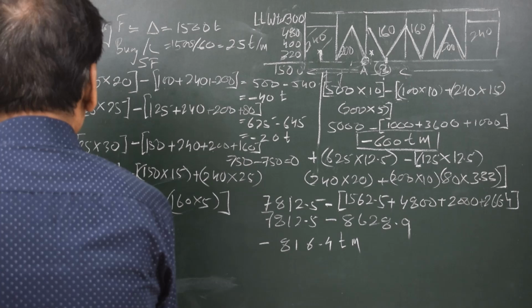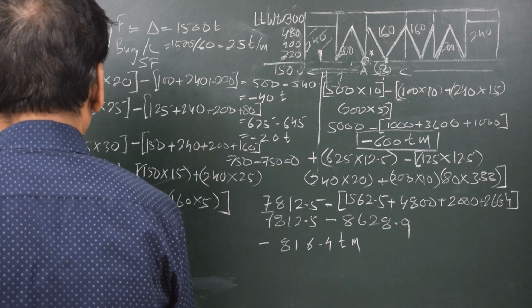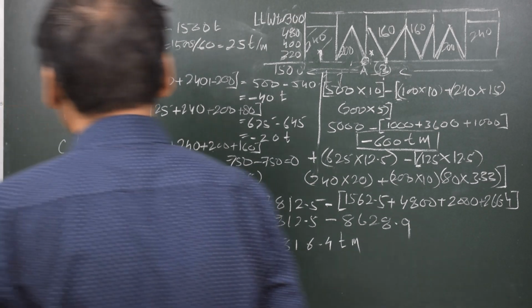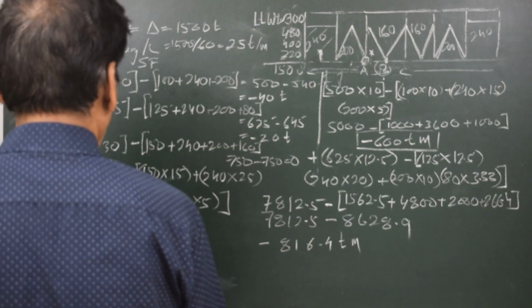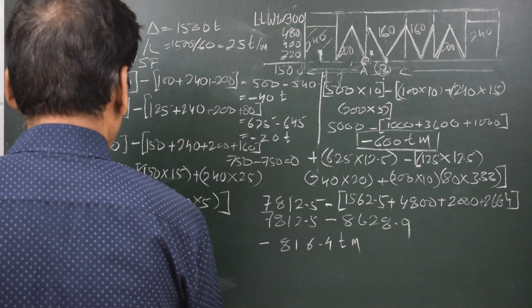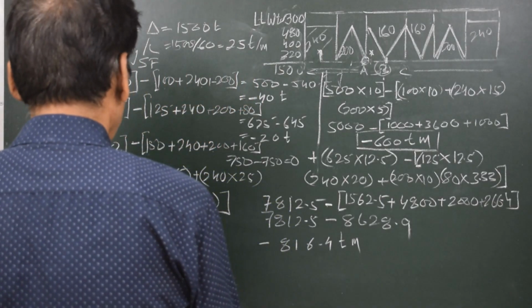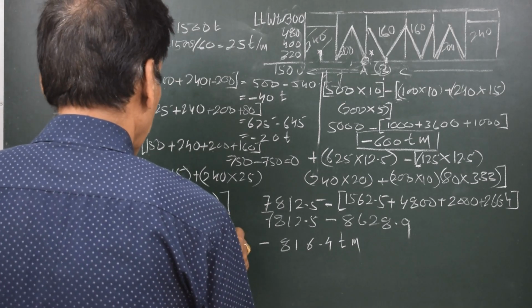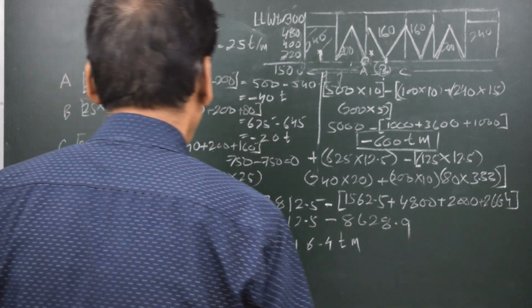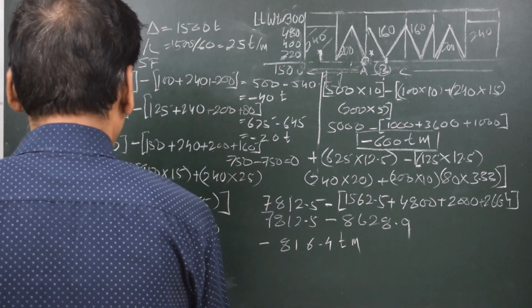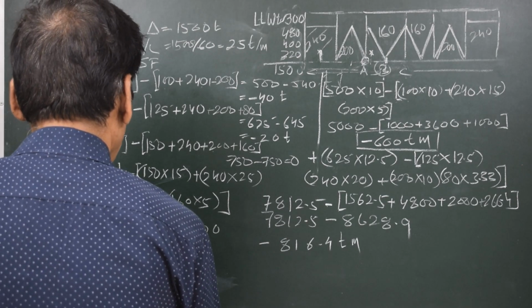Let's do the calculations. So 11,250, right? And the negative moments are 2250, because 15 into 15 is 225. And then you have 6,240 multiplied by 25. Then 200 multiplied by 15 is 3,000.